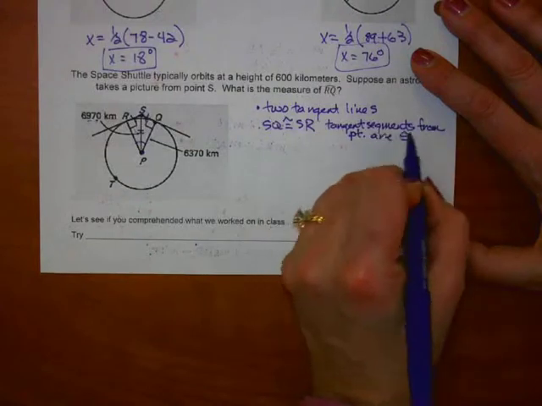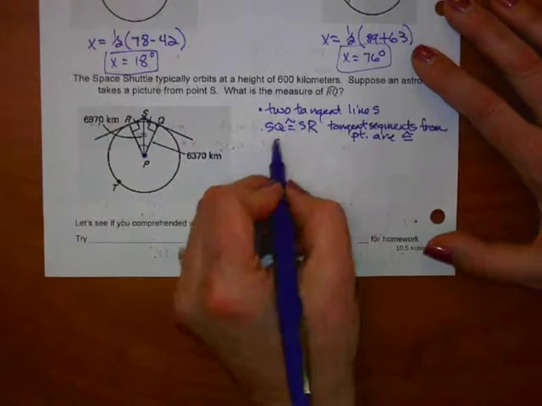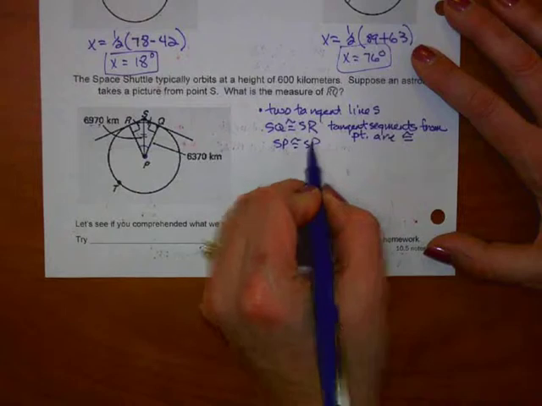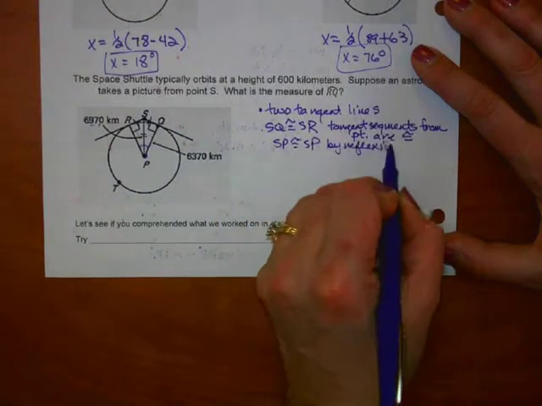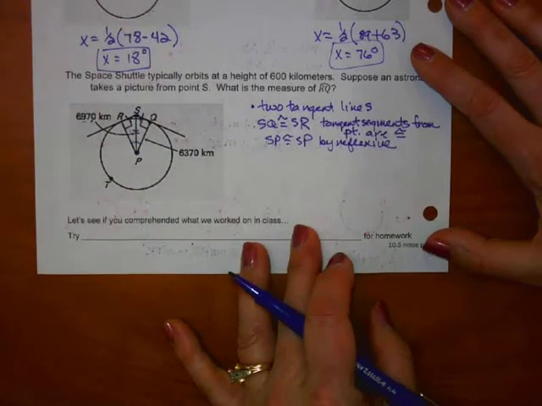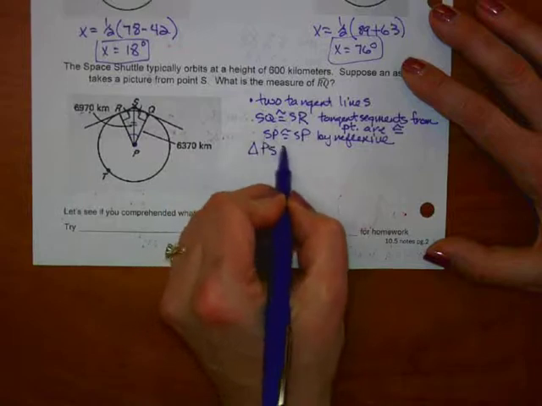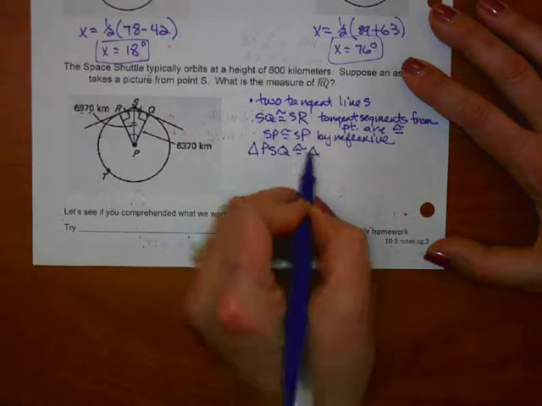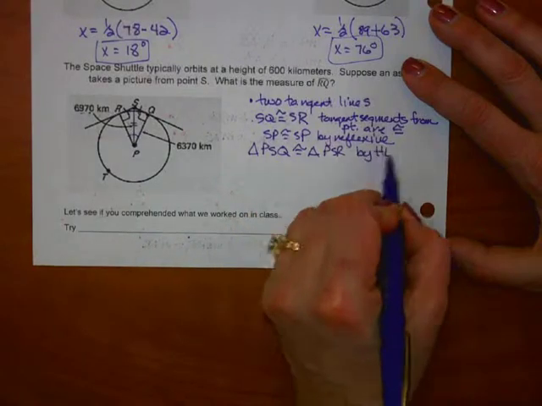Then we also know that SP is congruent to SP by reflexive. I'm getting to the point here, just be patient. So therefore, triangle PSQ is congruent to triangle PSR by HL.